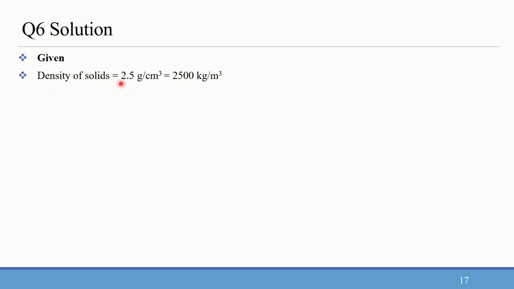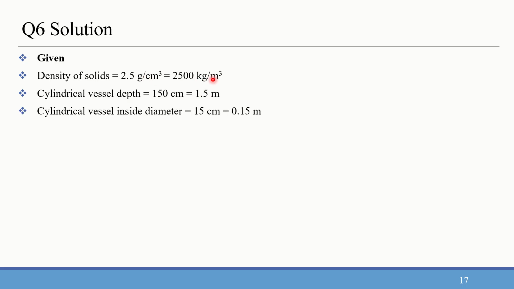So given density of solids is equal to 2.5 gram per centimeter cube. So it is 2500 kg per meter cube. Cylindrical vessel depth is 150 centimeters, I am just writing everything in meters or in SI units. So here it is 1.5 meters, here it is 2500 kg per meter cube. Cylindrical vessel inside diameter is 15 centimeter or 0.15 meter.